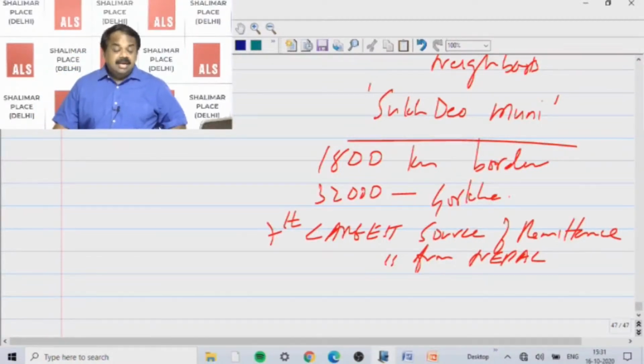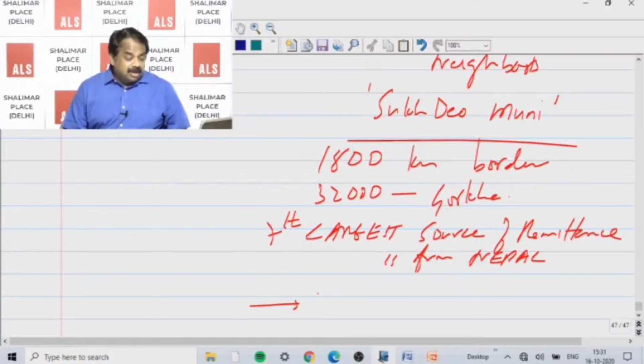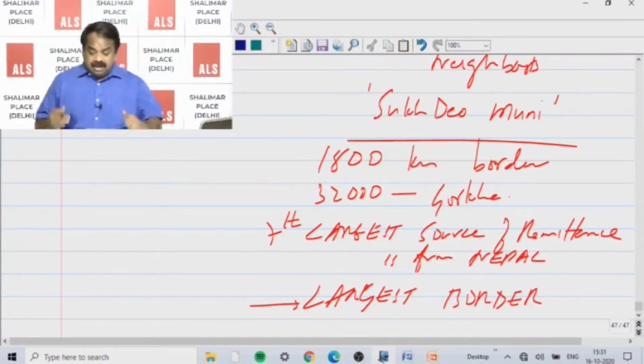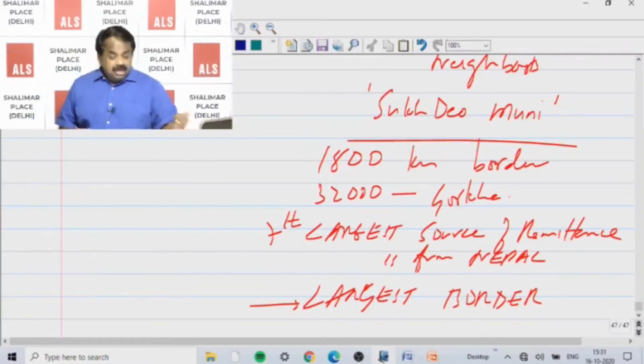And as far as the border trade is concerned, it is the largest border trade for India. I am talking only about the border trade, not the bilateral trade. The largest border trade for India is with Nepal, more than $8 billion, across the border, because there is no shipment.